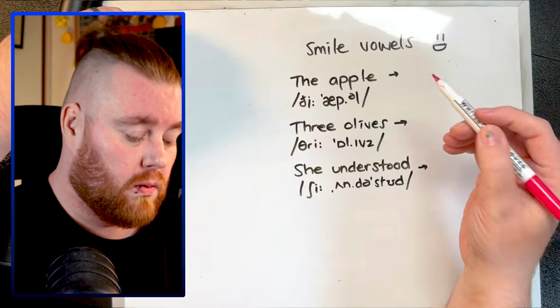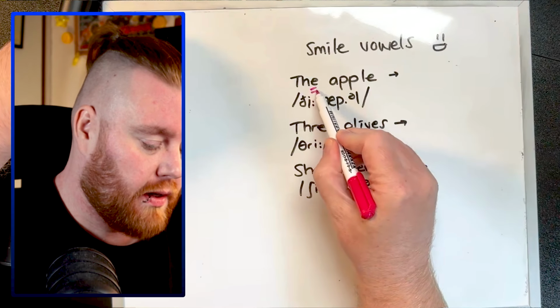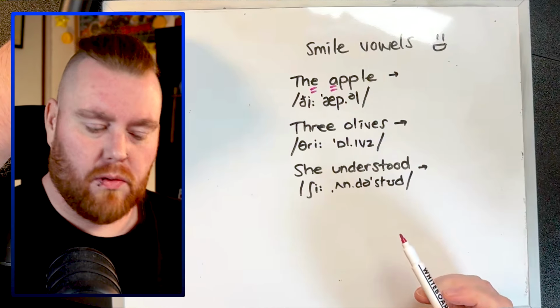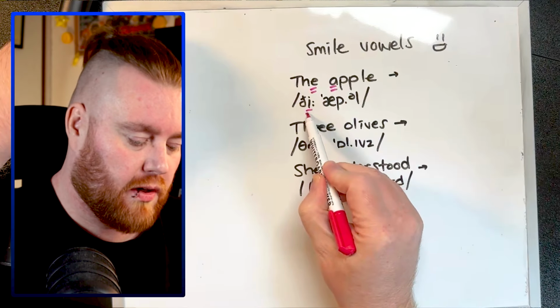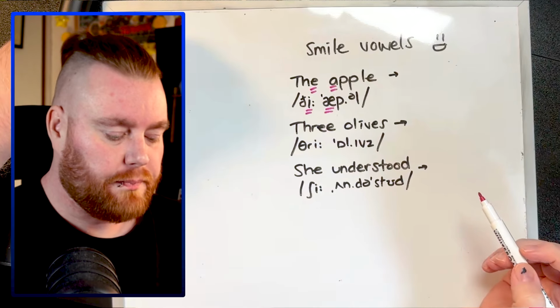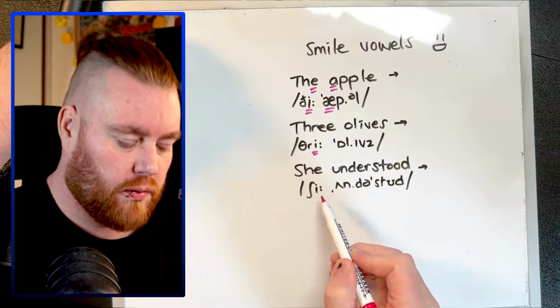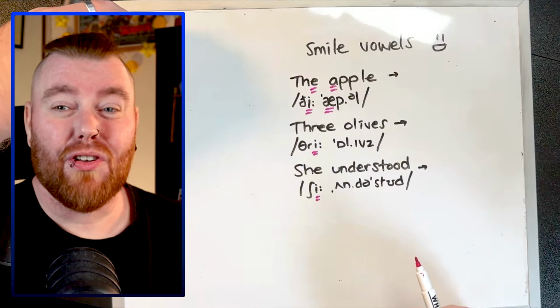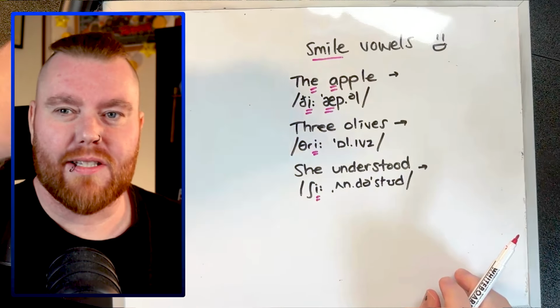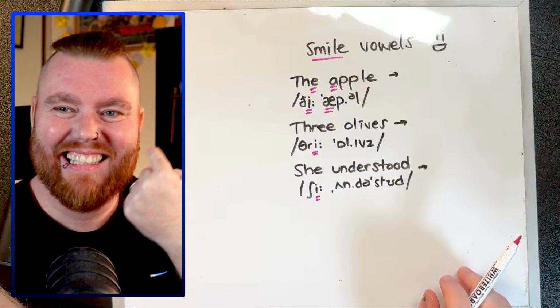Right then, so we can see that this word ends in a vowel sound and this word starts with a vowel sound. And if you look at the transcription, we've got E, and this one starts with A, right? You'll notice this one also E, and I'm going to call these smile vowels because to say them, you need to smile. E, big smile.